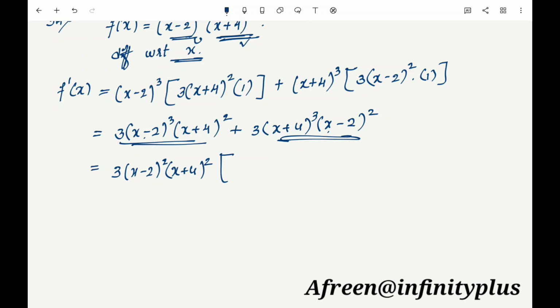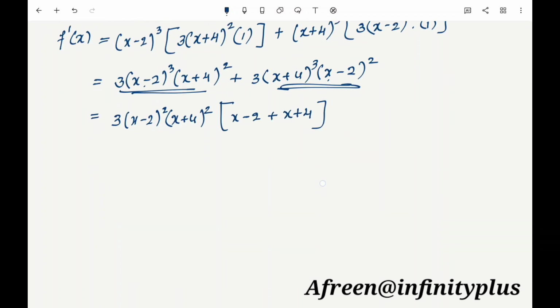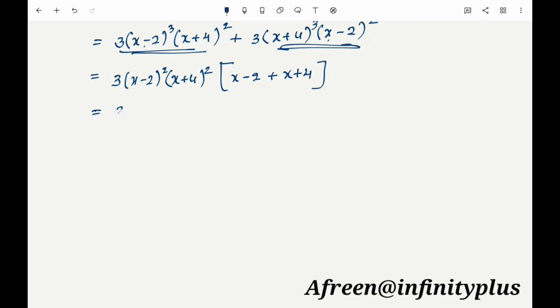If I take these terms as common, what will remain? You will be left with (x minus 2) plus (x plus 4). Now you get 3 into (x minus 2) whole square into (x plus 4) whole square into (x plus x), which is 2x, plus 4 minus 2, which is 2.